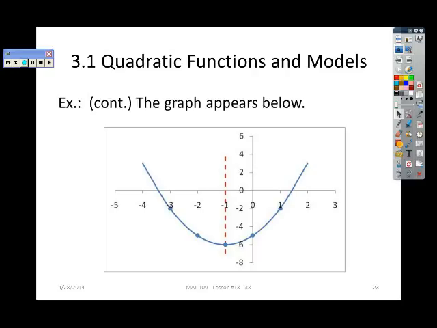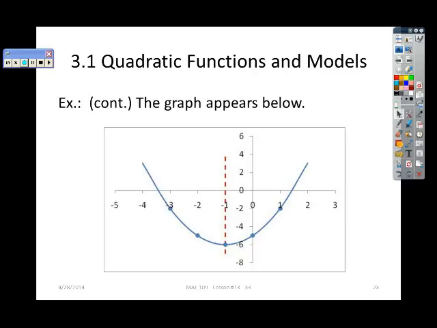So I really only need to get points on one side of the vertex, and I automatically have the ones on the other side. It saves how many points you have to calculate if you're trying to graph this. So finding that vertex is very useful.